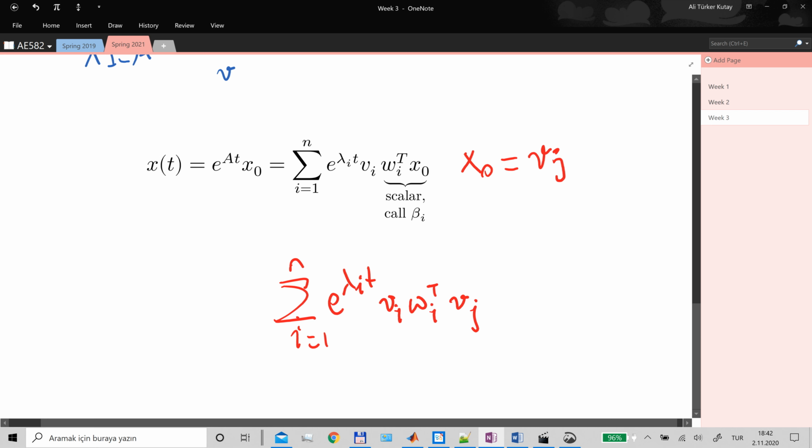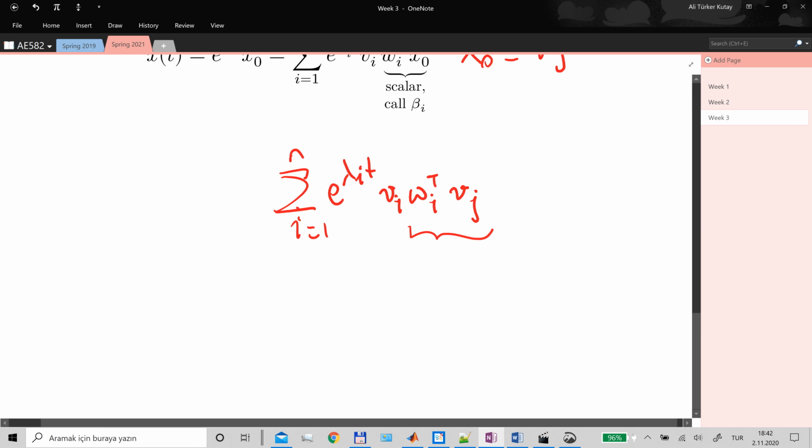Now look at the last two terms. Remember, wᵢ is a row of the inverse of the T matrix, and vⱼ is a column of the T matrix itself.